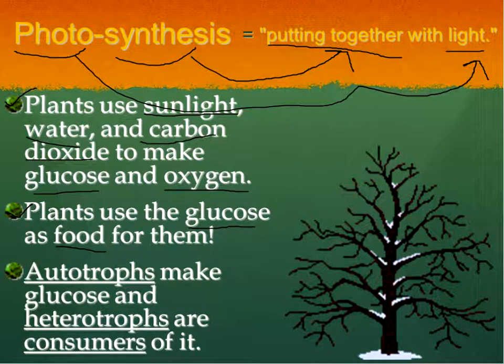So that's how plants get food. They make their own food. That's why they're called autotrophs. We don't make our own food. Heterotrophs, we are consumers of it. So we'll eat plants, we'll eat animals, and that's how we'll get our glucose, by being a consumer or heterotroph.